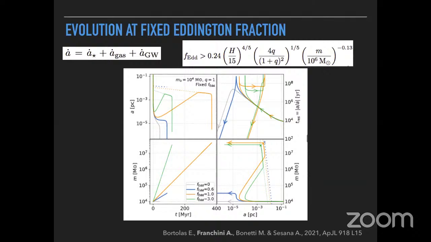So yes, it is a simple approximation. Already assuming a much more realistic cooling will alter this picture, and I'm sure assuming MRI-driven viscosity will alter this picture as well, because the results are very sensitive to the disk viscosity.